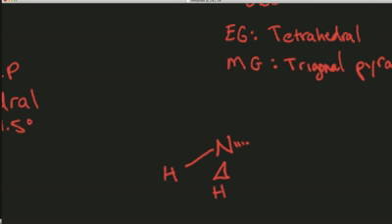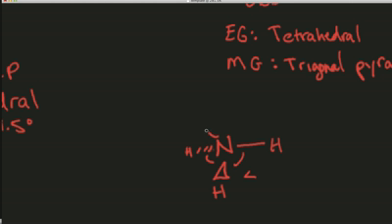Actually, let's put that one on this side. By convention, have it going back into the page back here. And then there's this one right here. So normally these bond angles would be 109.5.